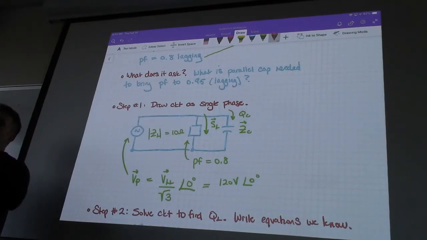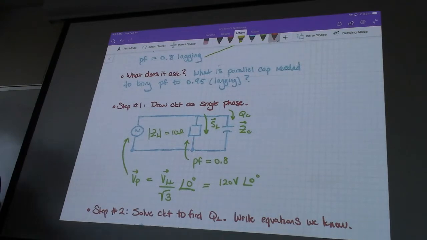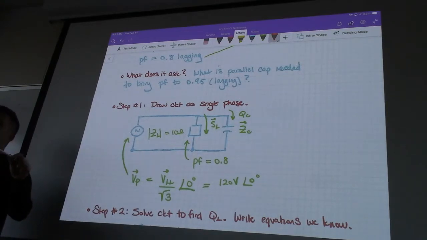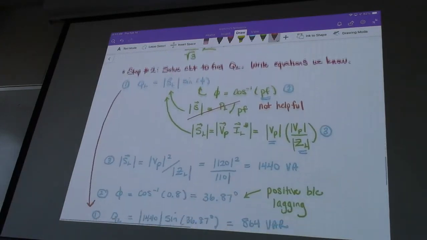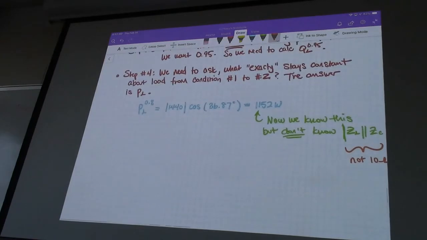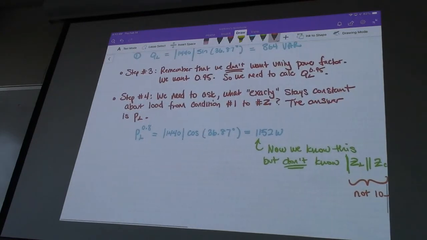So what is that constant value that we hold between the 0.8 and the 0.95 conditions? The value that we hold constant is that real power. So we calculated a real power of 1152 watts, and that's what we're going to go off of for the next piece. Okay, so now, step 5.